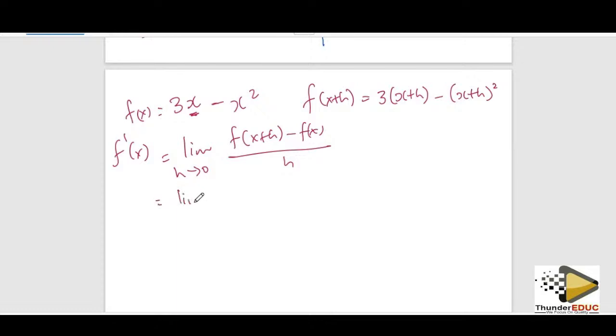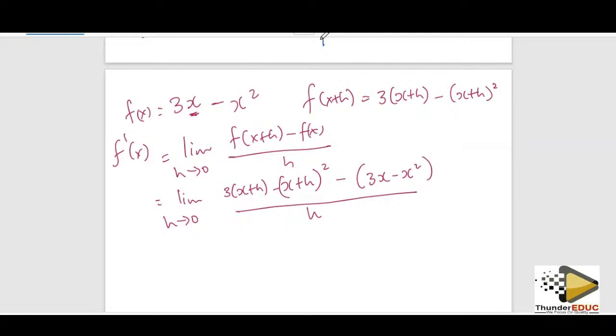This implies that the limit as h tends to 0, let's substitute. And I replace that, that is 3 into x plus h minus x plus h squared minus the whole of f. I'll put them in brackets just for the sign.